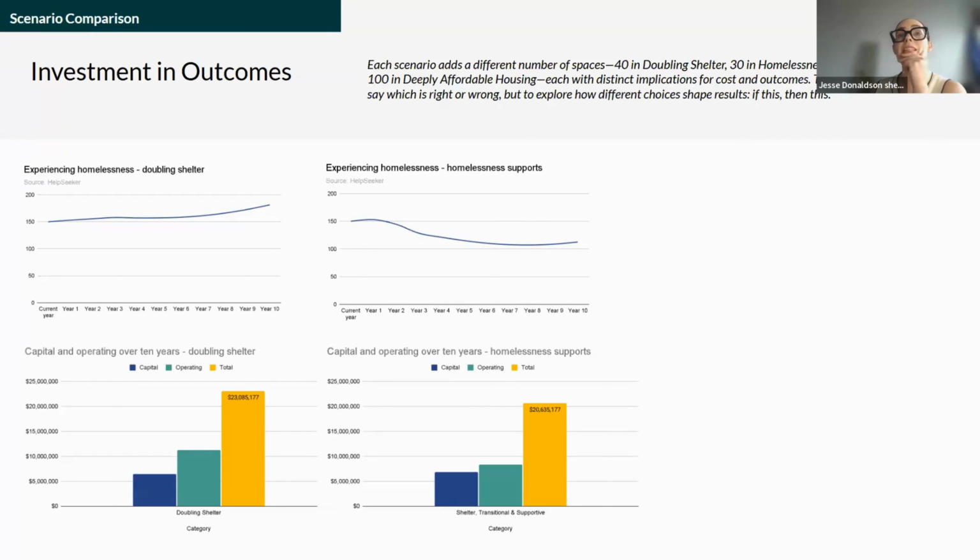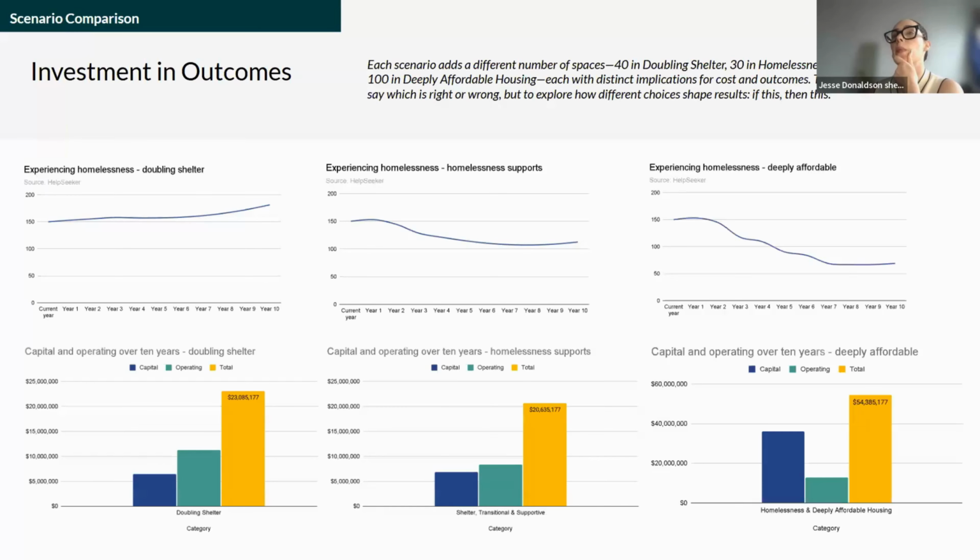For the experiencing homelessness, it's less for a better outcome. It's 20 million over 10 years for a better outcome. And then here, so we can see the kind of the best outcome to double the investment, but that's a $54 million investment over 10 years. So what looking at some of these different factors together allows you to do is weigh some of that cost benefit argument.